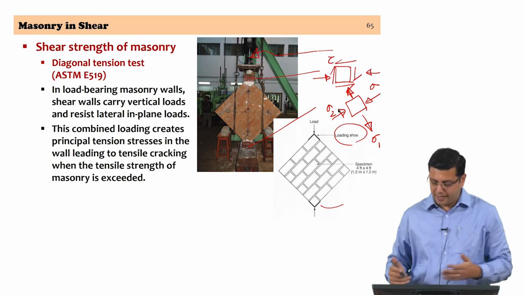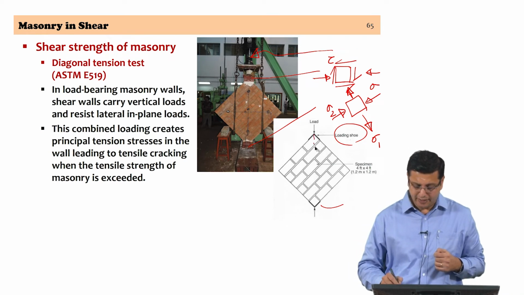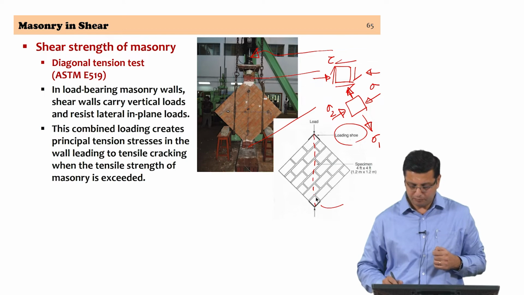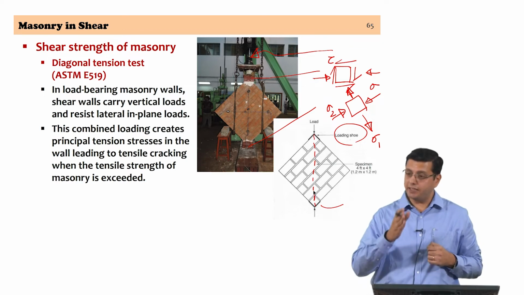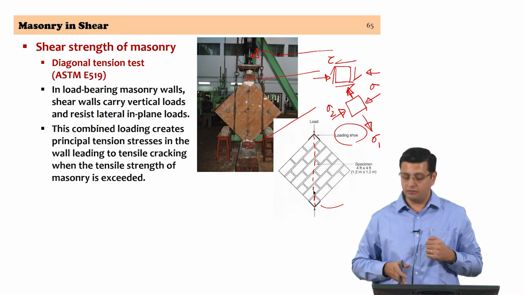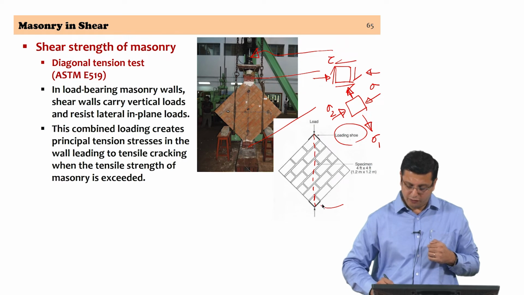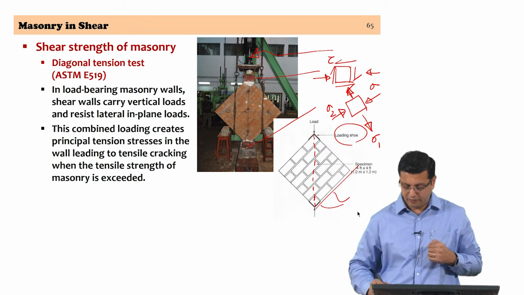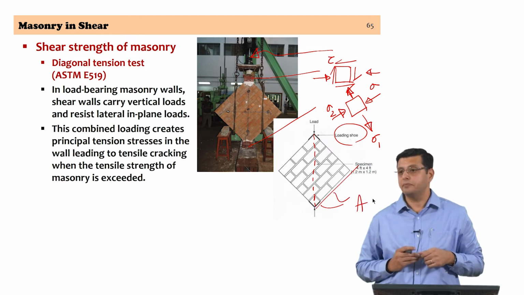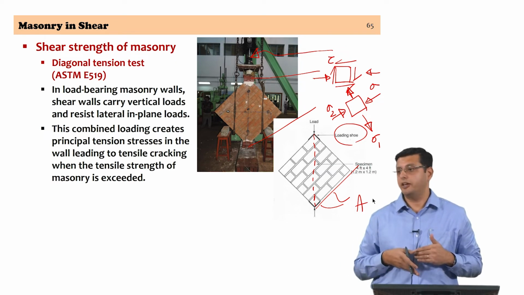If you actually examine the test setup, the compression load is acting along this line, and if you take the area of cross section with respect to the area of cross section of the wall itself, A, then the diagonal is a much longer area of cross section, right.